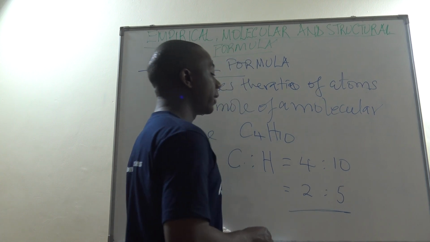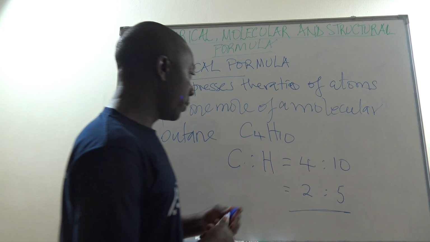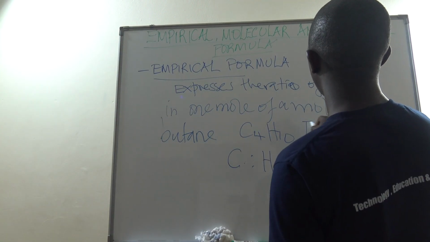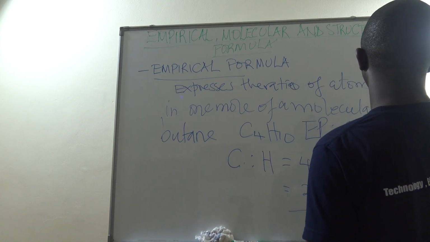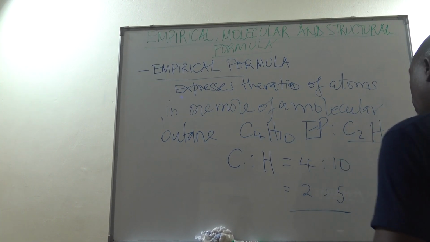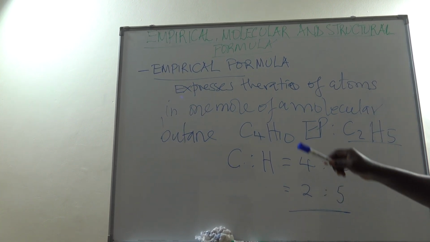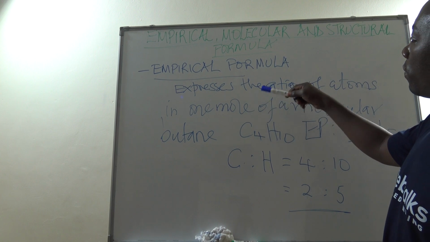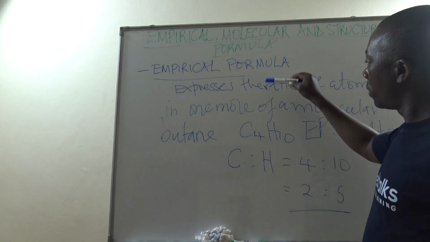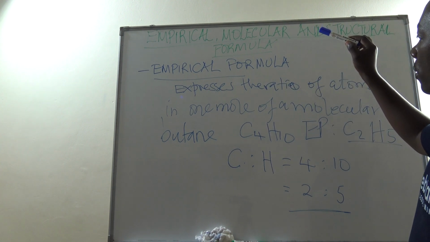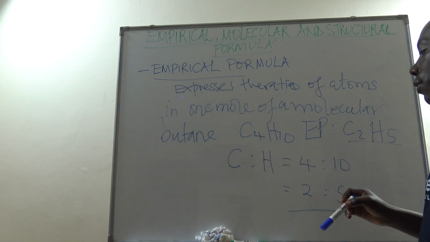So 2 to 5 defines the empirical formula. In other words, somebody can say that the empirical formula of butane is C2H5. That is the empirical formula. So empirical formula is a formula which helps us to define the ratio of atoms in 1 mole of a given molecule.